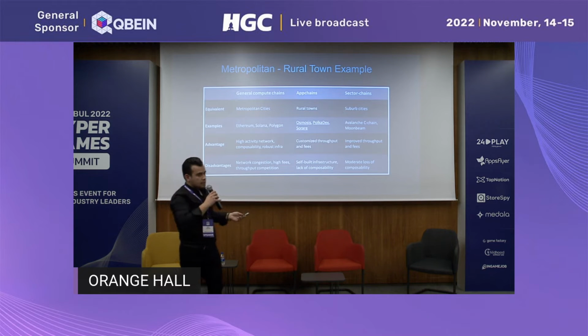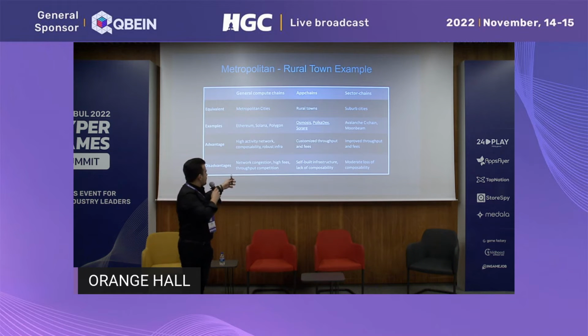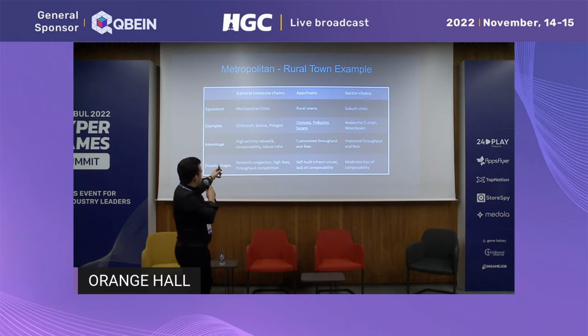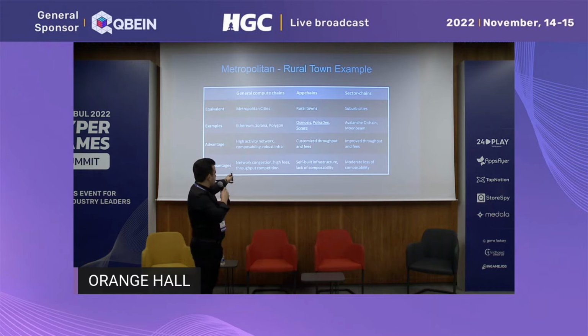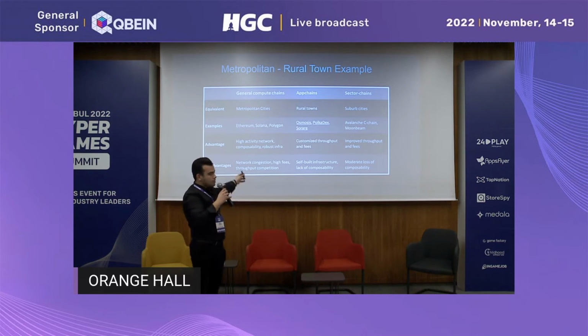I can give an example of a metropolitan and a rural town. You can see Ethereum, Solana, and Polygon as a metropolitan city, and you can see app chains as rural towns. When there is high activity and composability, which Ethereum has, you will compete with the other applications, of course, but you can also connect with the other applications more easily while you are in the metropolis.